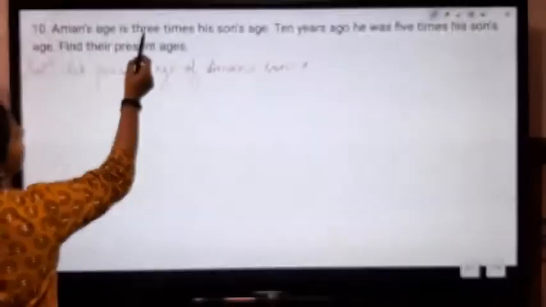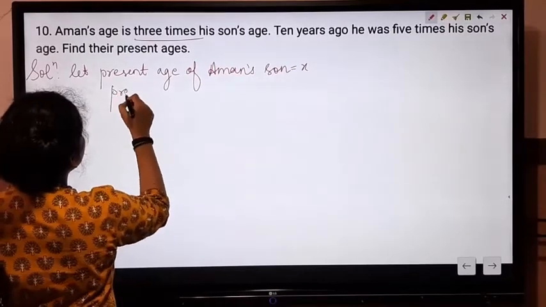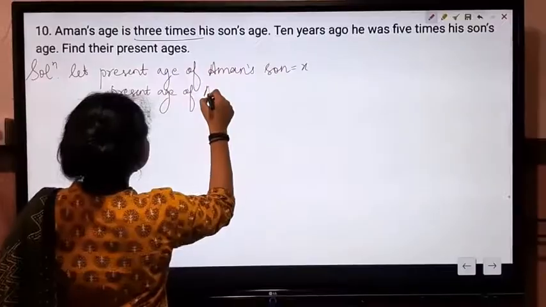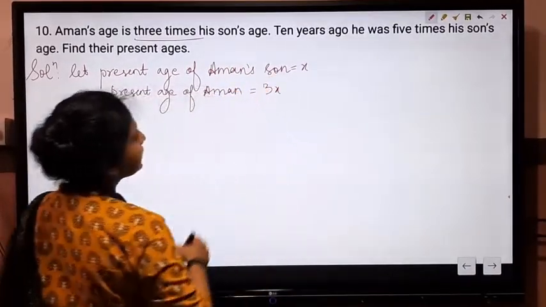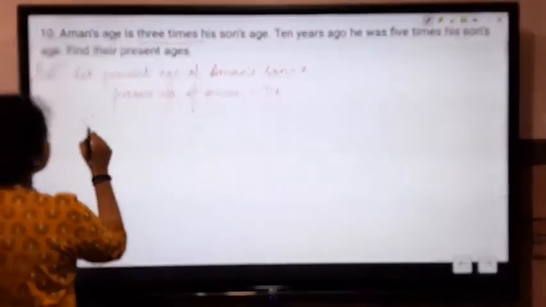Presently, Aman is 3 times his son. That means present age of Aman should be 3 times of x.